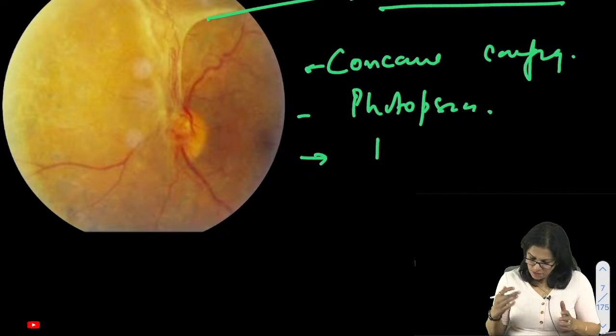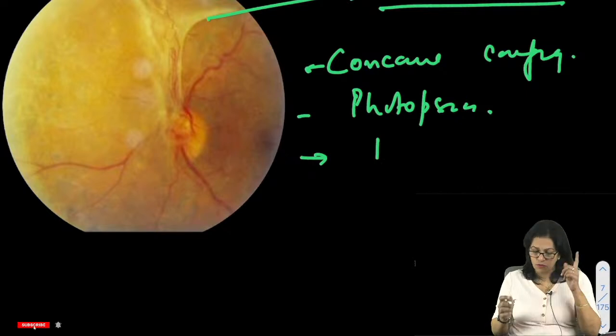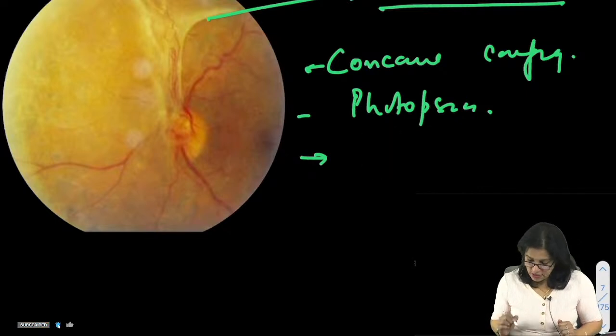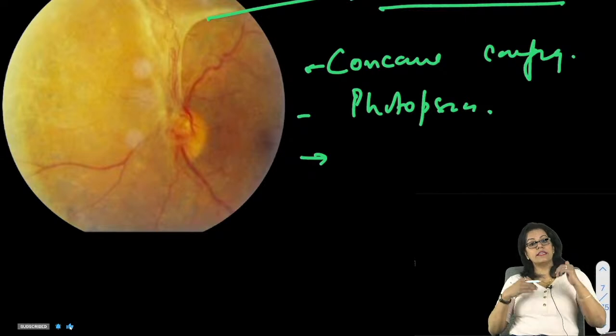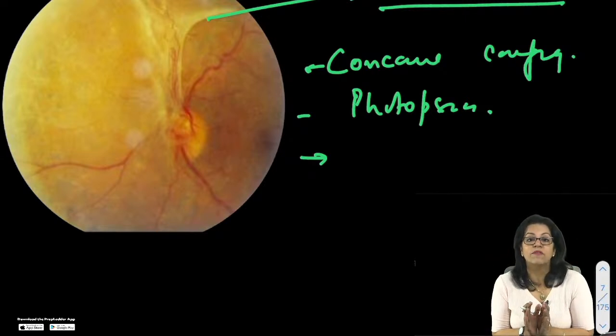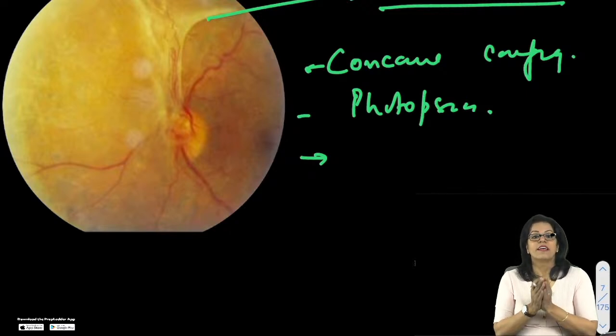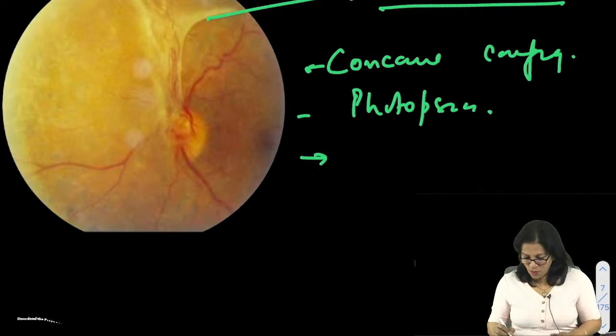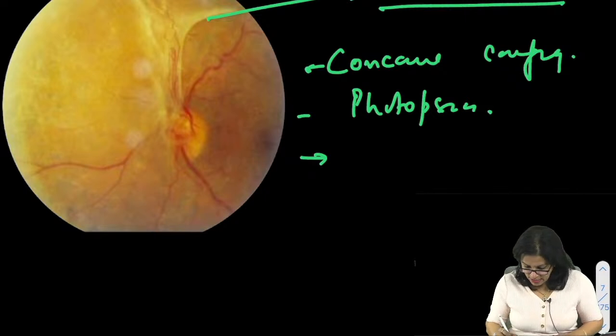Correct this: we don't need to remember floaters. When it leads to rhegmatogenous, then floaters will occur. Otherwise, we will just say there will be photopsia due to traction. It's a concave configuration and it is fixed, immobile. We will learn this RD is immobile.